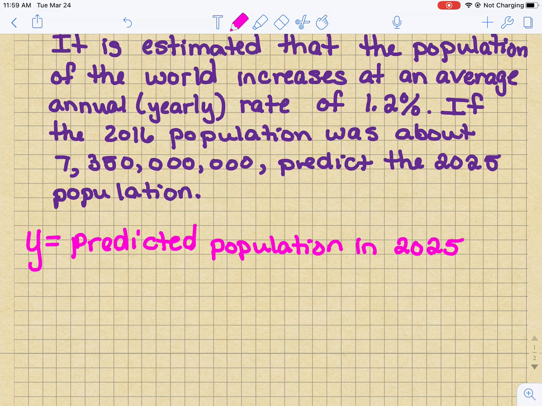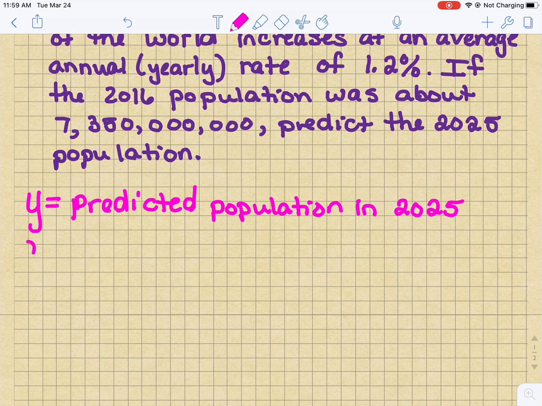We can use math all the time to make good predictions, but that's all they are, predictions. We can't always take into account everything else that's going on. Okay? Our original starting population when this problem began was 7,350,000,000. So that's going to be our A value.